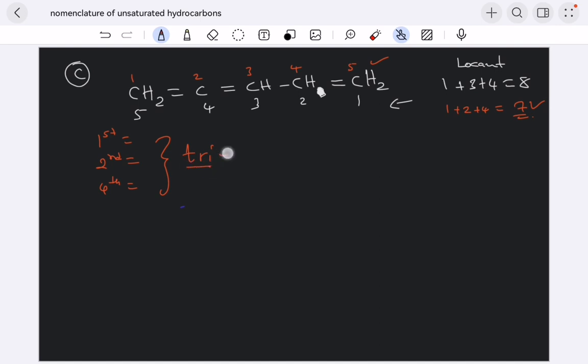So tri, then E and E. So to name this particular compound, we can say this is a pent, then 1, 2, 4, then trine. So that will be the name of this particular compound.